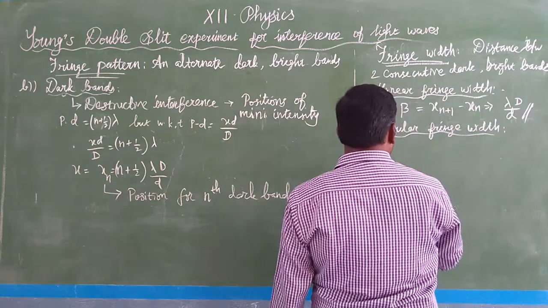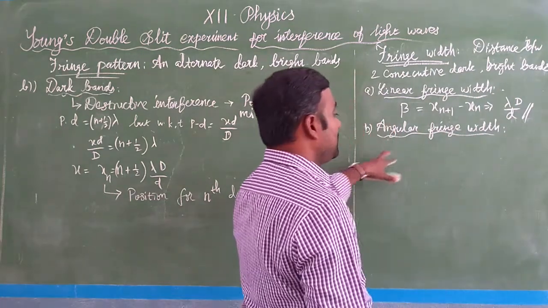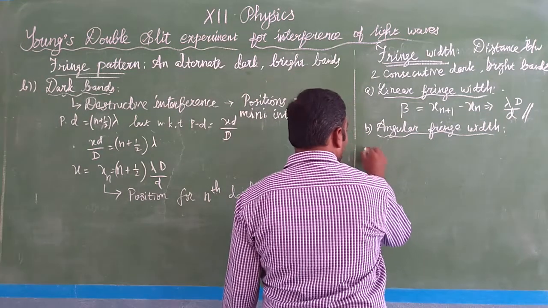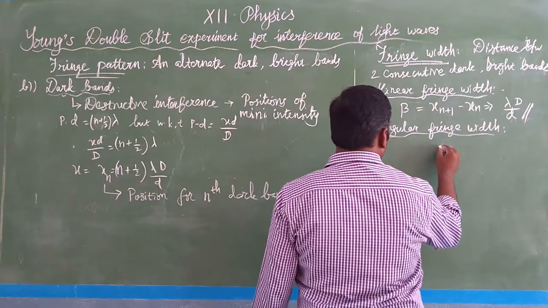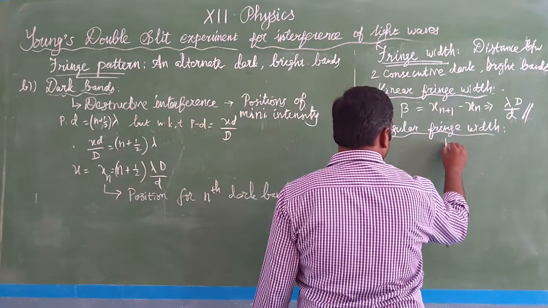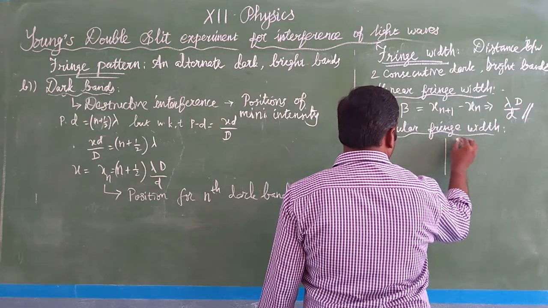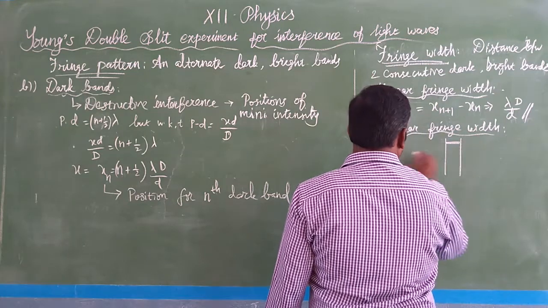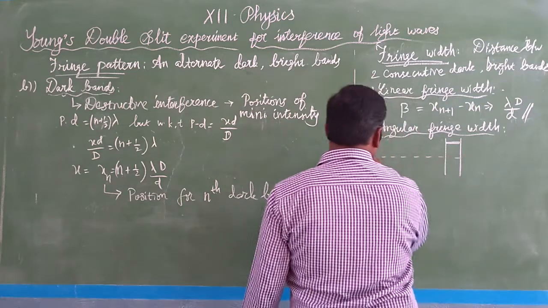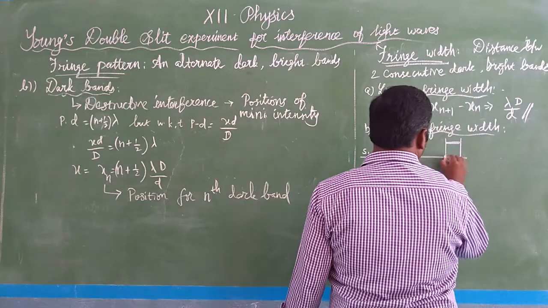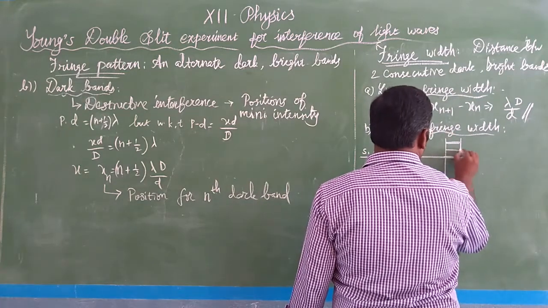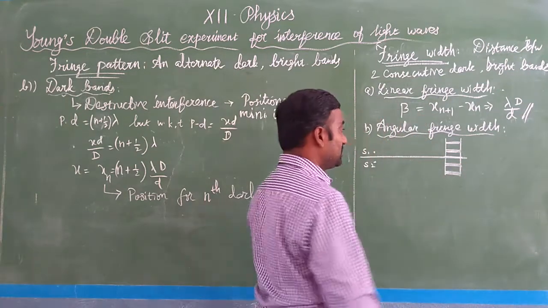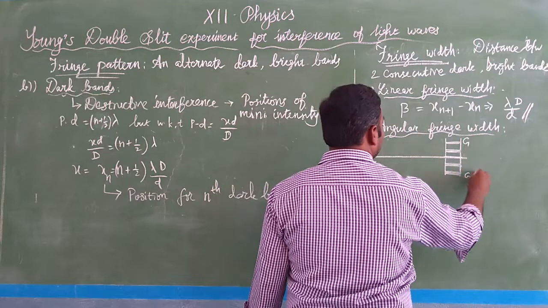Angular fringe width is nothing but the angle subtended by a bright and dark fringe at the center of the two slits. We have two slits, S1 and S2, and the point P is on the screen. On the screen we get dark lines and bright lines. This is the central bright band, then dark, bright, dark, bright, dark, bright. These are the interference fringes obtained on the screen G dash.